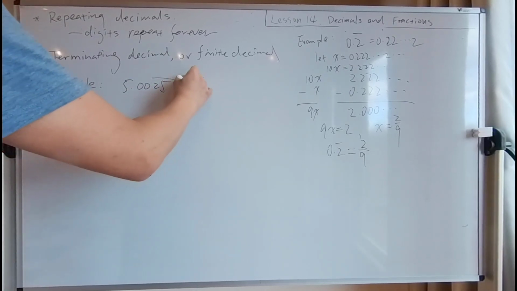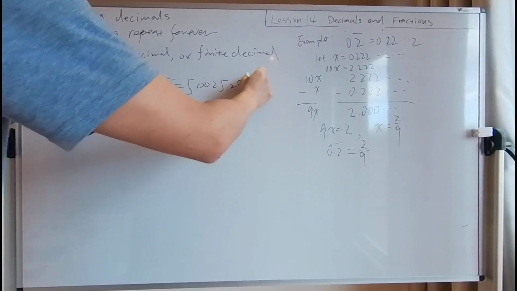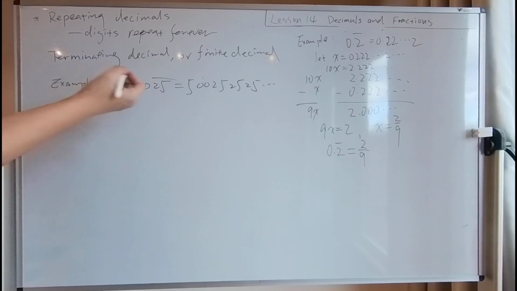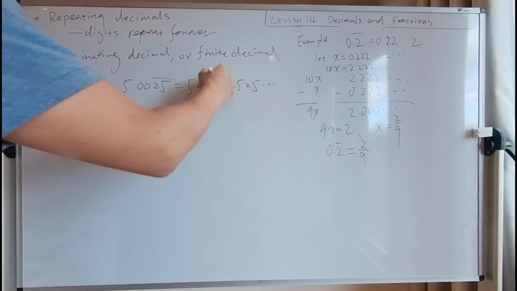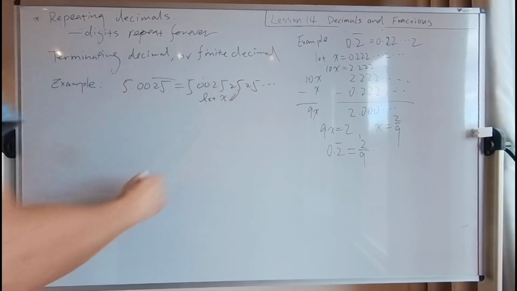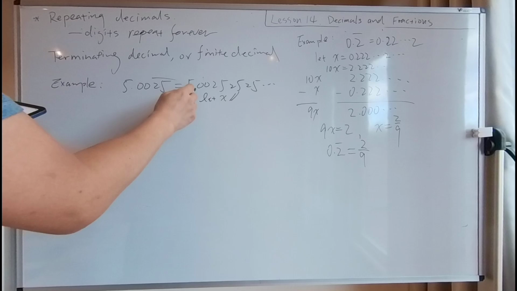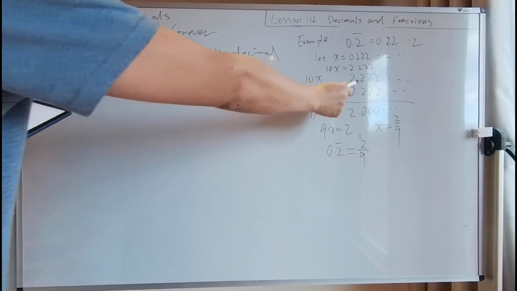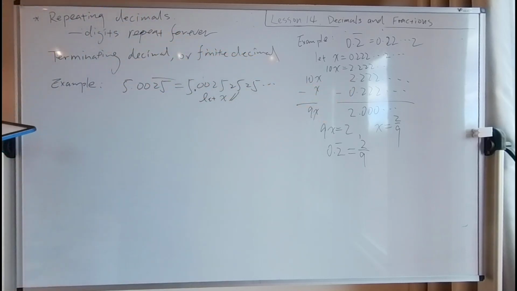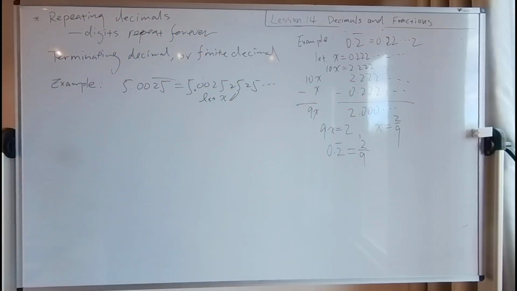So this number can be written as 5.00252525 and repeating, right? So similarly, I let x equal this. This time I can't just use 10x, because I want to take advantage of the repeating terms and make them cancel out each other to be 0. So I need to reach the repeating term to start the subtraction.